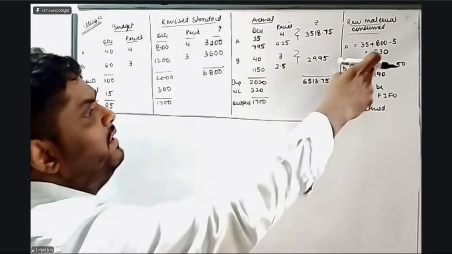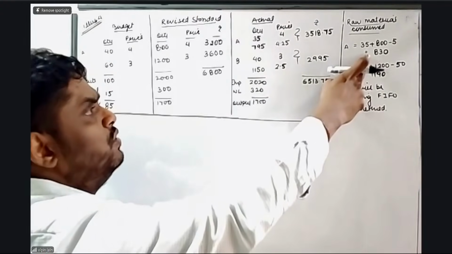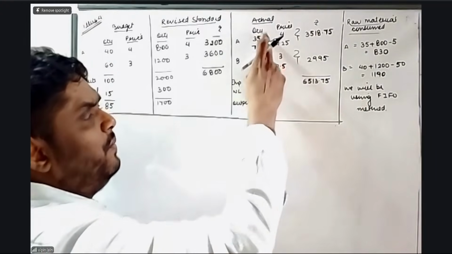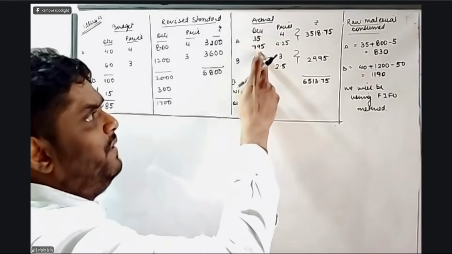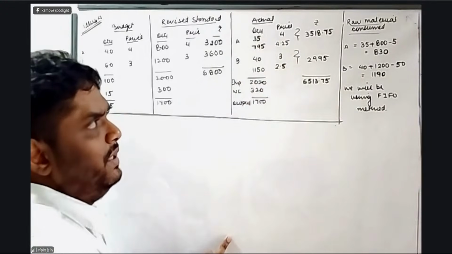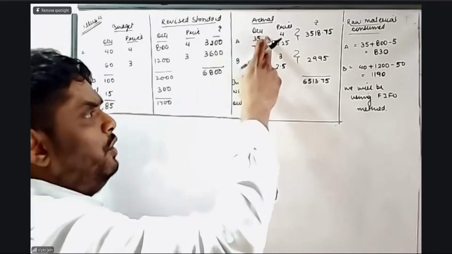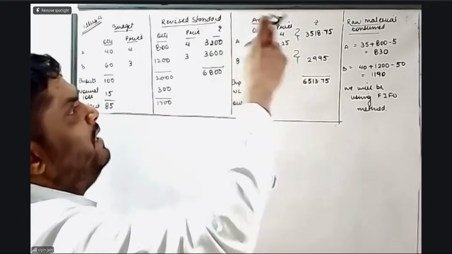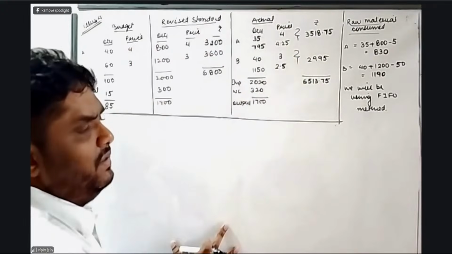So total 830 kgs were consumed. In the FIFO method, 35 will be from opening stock and 795 will be from the purchases made during the year. The price of opening stock is similar to the standard price, right, Suhaira?